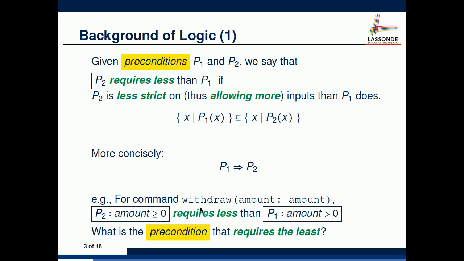True. Yes, that's true. And I'm pretty sure you can tell me what would be the precondition that requires the most. False, right? So typically, unless you really know what you're doing, you wouldn't have a precondition being true or false, especially false. If you have a precondition being false, that's pretty useless.